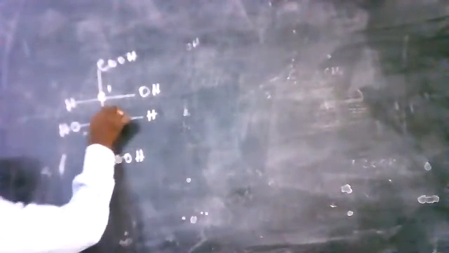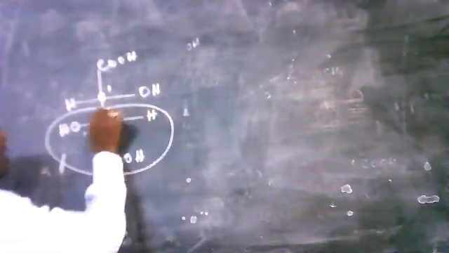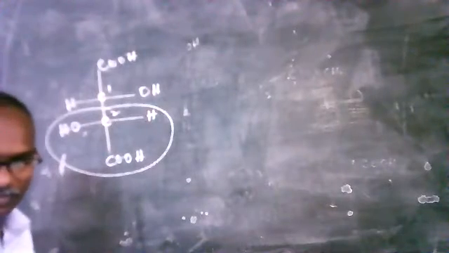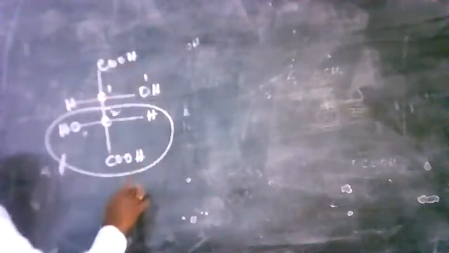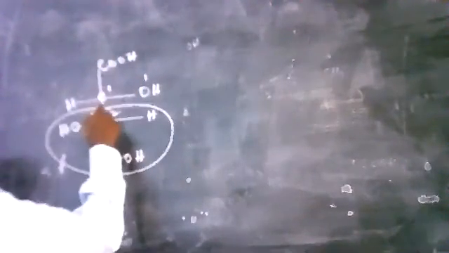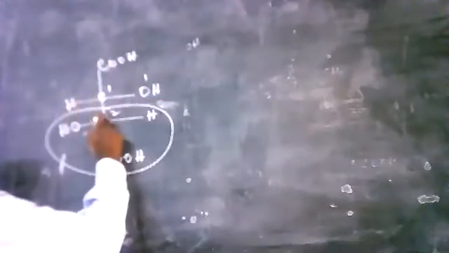When you want to find out the configuration of the chiral carbon 1, you treat the entire group as a single substituent, a single group attached to the chiral carbon. So now the preference order 1, and this is 2, 1. This is carbon. Carbon gets oxygen. So this is 2. This is 3. This is 4.